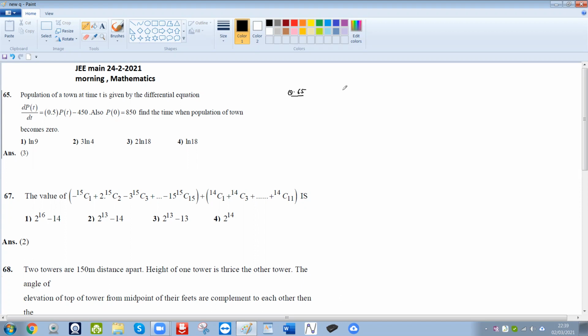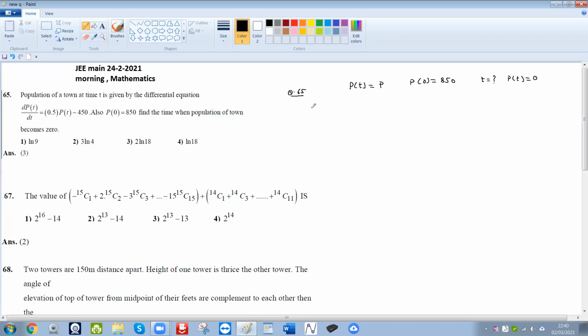For simplicity's sake, I am writing Pt to be simply P. So value of P0 is given to be 850 and I have to determine time when population becomes 0.